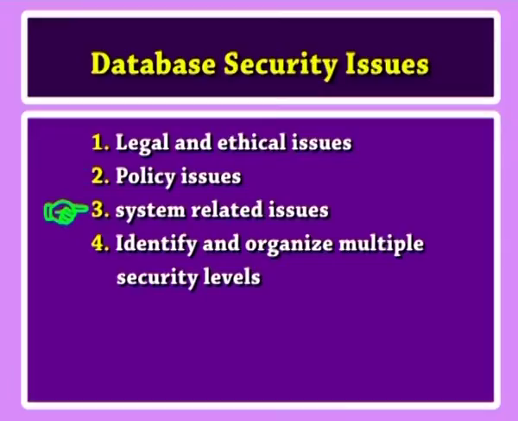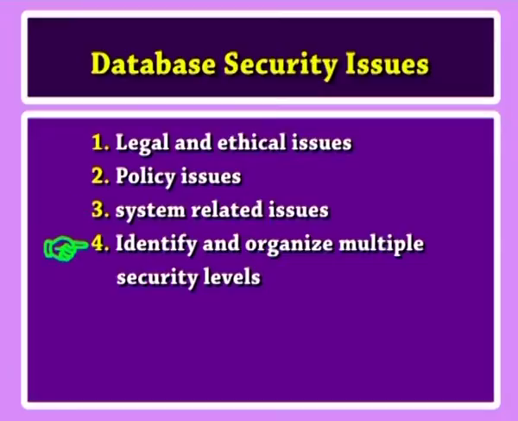Number 3, system related issues such as the system levels at which various security functions should be enforced. For example, whether a security function should be handled at the physical hardware level, the operating system level or the DBMS level.